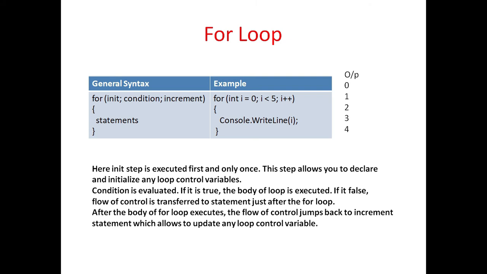Condition is evaluated. If it is true, the body of loop is executed. If it is false, the flow control is transferred to the statement just after the for loop. After the body of for loop executes, the flow of control jumps back to the increment statement which allows you to update any loop control variable.